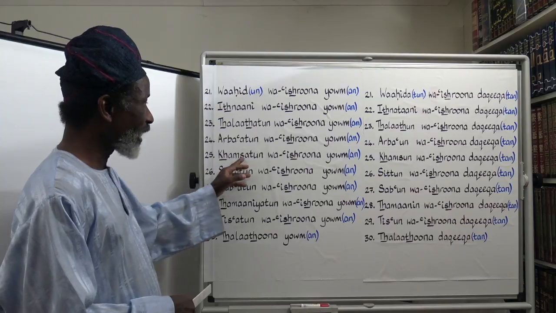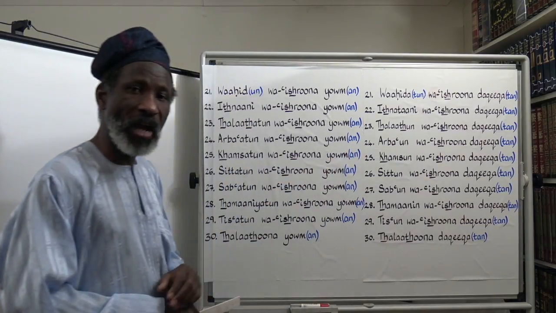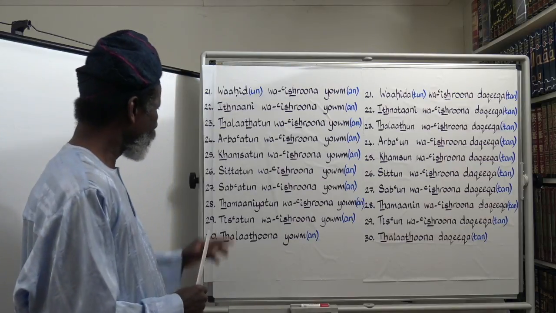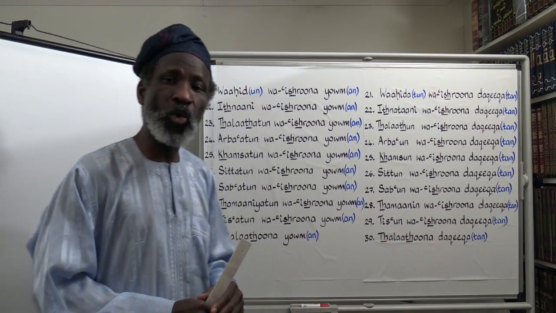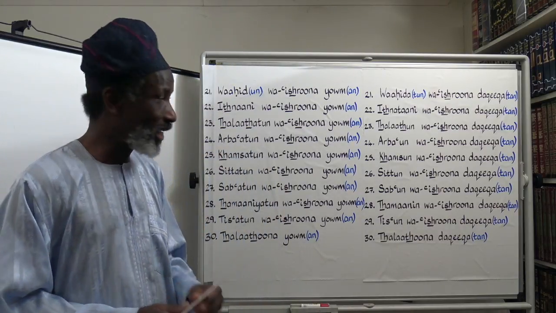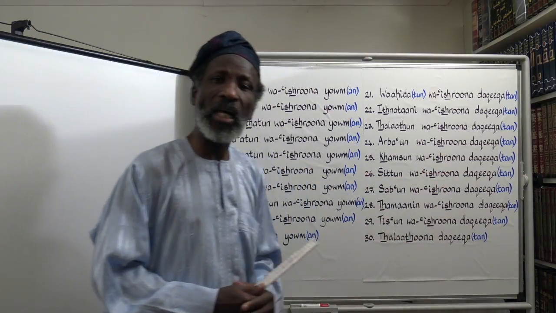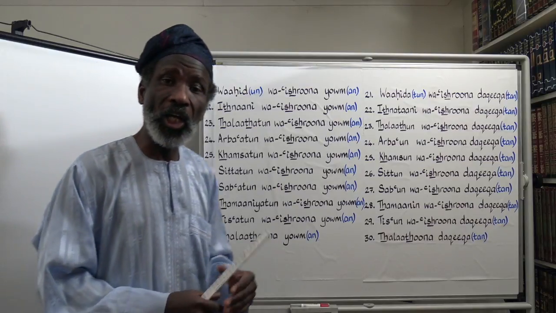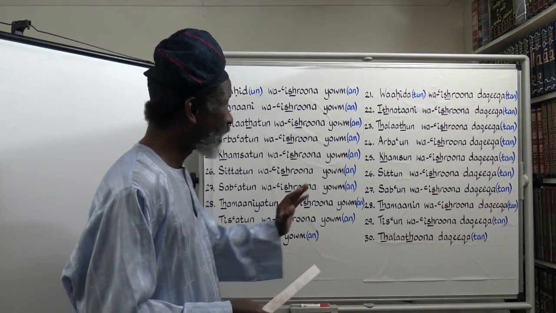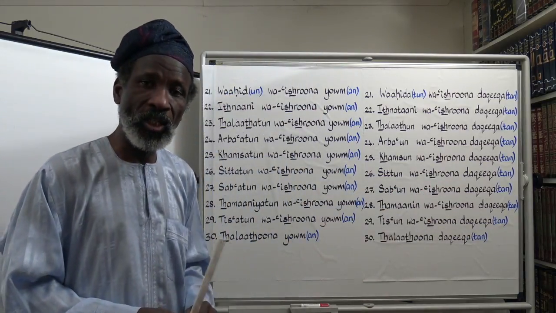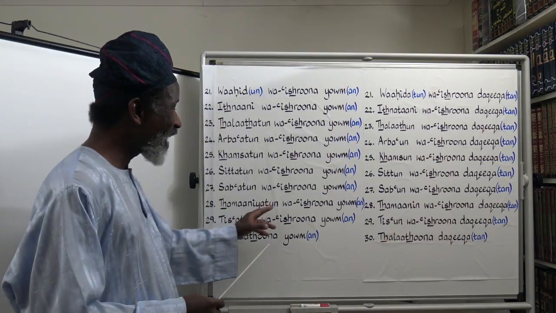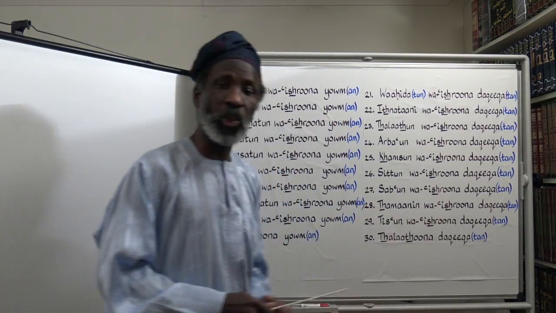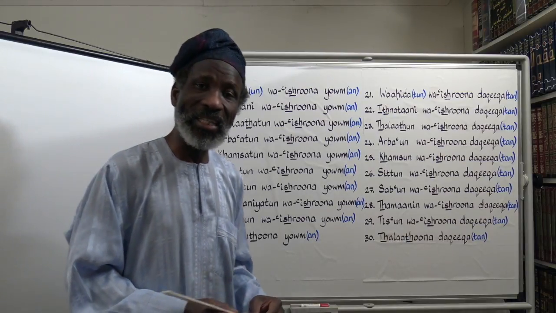Number 25 خمسة وعشرون يوما. 25 days. 25 دقيقة. 25 minutes. 26 ستة وعشرون يوما. 26 days. 26 دقيقة. 26 minutes. 27 سبعة وعشرون يوما. 27 days. 27 دقيقة. 27 minutes. 28 ثمانية وعشرون يوما. 28 days. 28 دقيقة. 28 minutes.